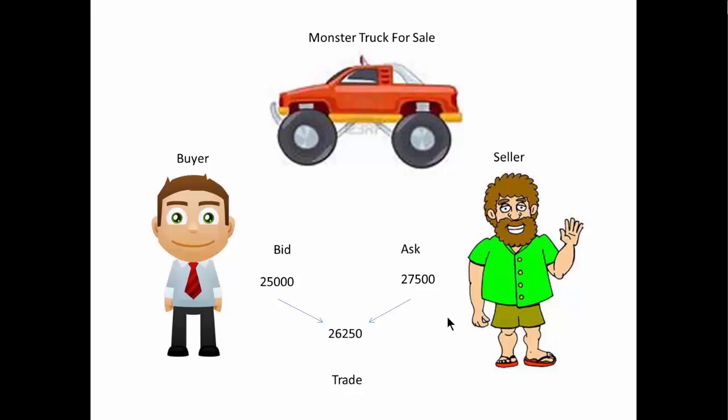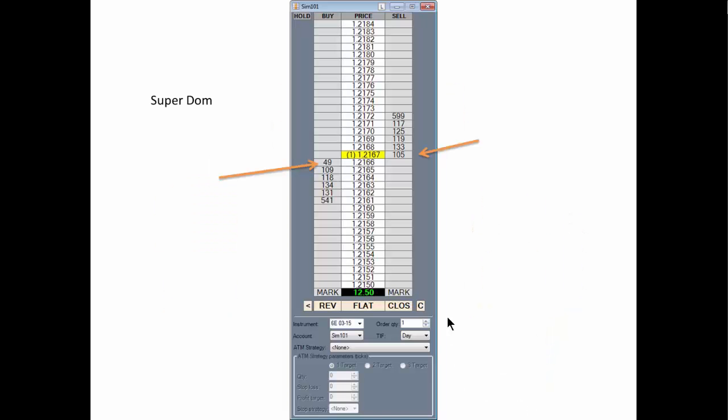Taking this basic idea and applying it to trading, here's a super DOM, sometimes called a price ladder. This is going to show you what the current bid and current ask are for, in this case, the 6E, which is the euro-dollar futures contract. Everybody here on the left-hand side is the bid.